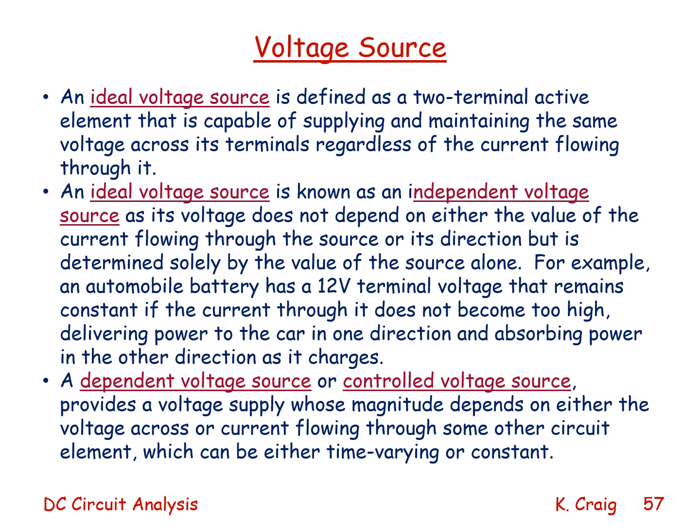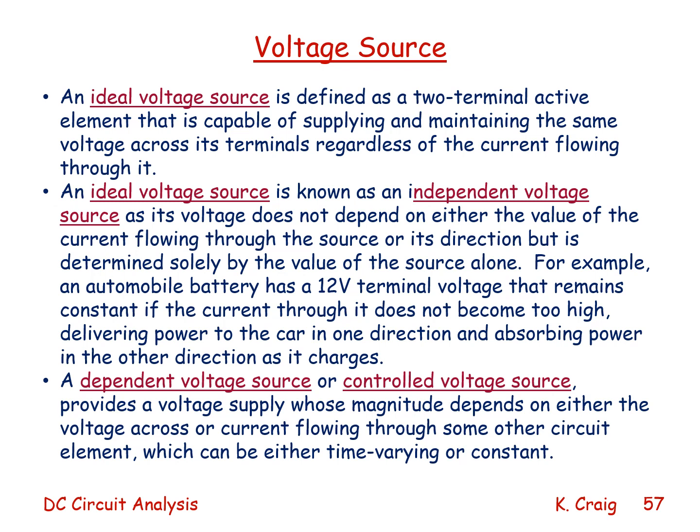An ideal voltage source is known as an independent voltage source, and its voltage does not depend on either the value of the current flowing through the source or its direction, but is determined solely by the value of the source alone. For example, an automobile battery has a 12-volt terminal voltage that remains constant if the current through it does not become too high, delivering power to the car in one direction and absorbing power in the other direction as it charges.